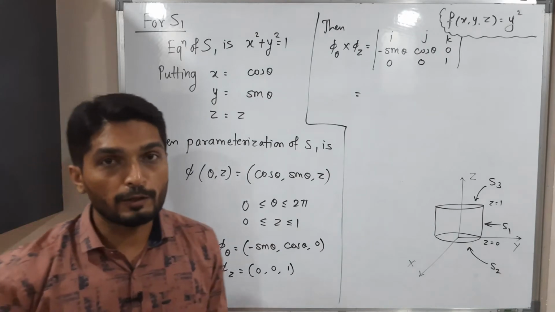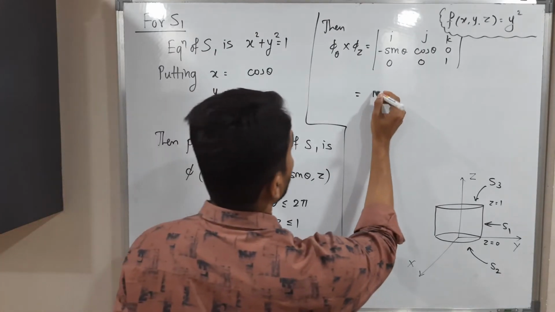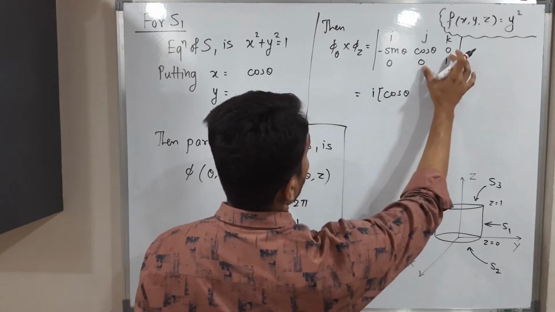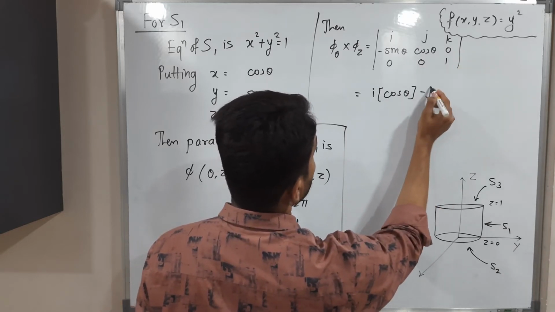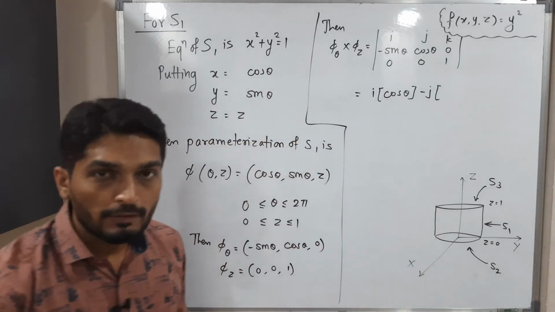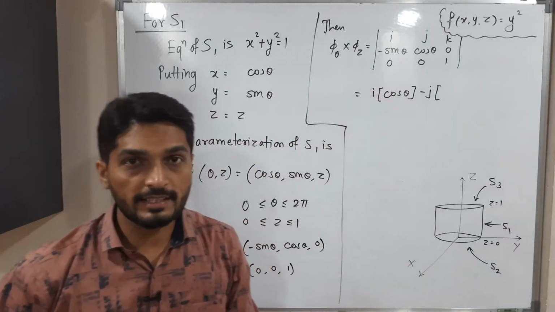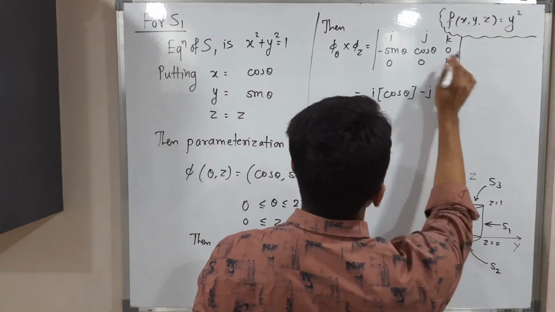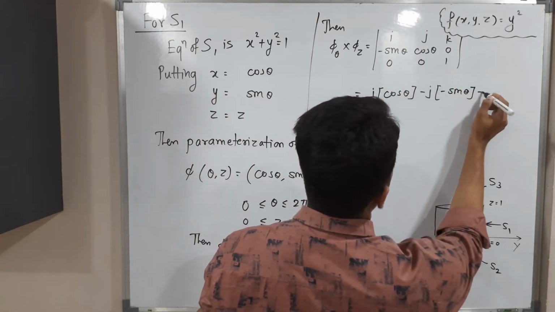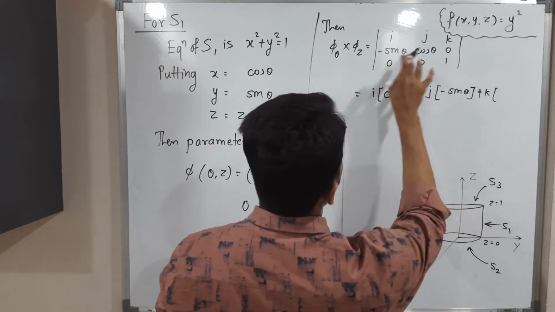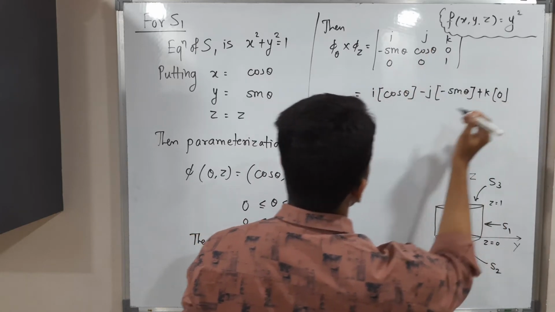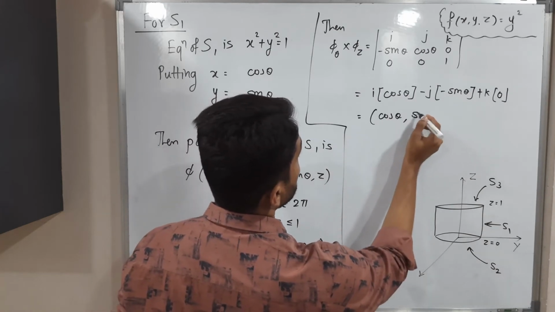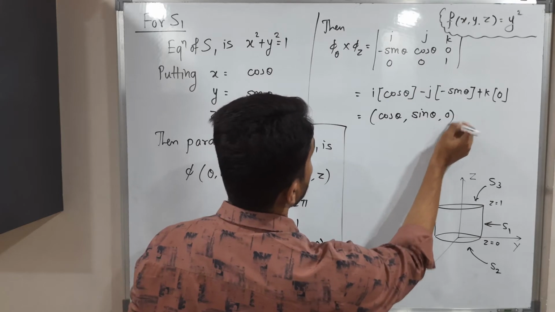You know well how to find the value of a determinant. I write i first, times the product of these two, cos theta, and the product of these two, 0, minus j. When we solve a determinant, when we take the middle value, we always write a minus sign there. Minus sin theta into 1 gives minus sin theta, and 0 into 0 is 0, plus k, 0 minus 0, obviously 0. So this is equal to cos theta, plus sin theta, and 0.